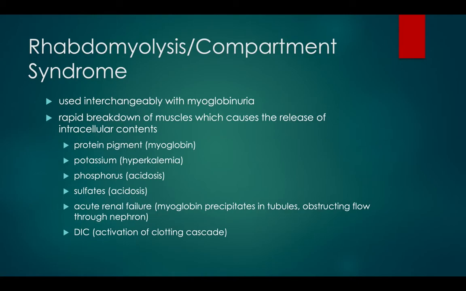This is a common injury with someone who experiences a crush injury. If they have something that lays on them for a period of time, it can cause muscle breakdown. If someone develops what we call compartment syndrome, which is where in the extremity they have such severe swelling and edema that it causes physical compression of the muscle and the blood vessels, and that physical compression damages the muscles to the point where they break down.